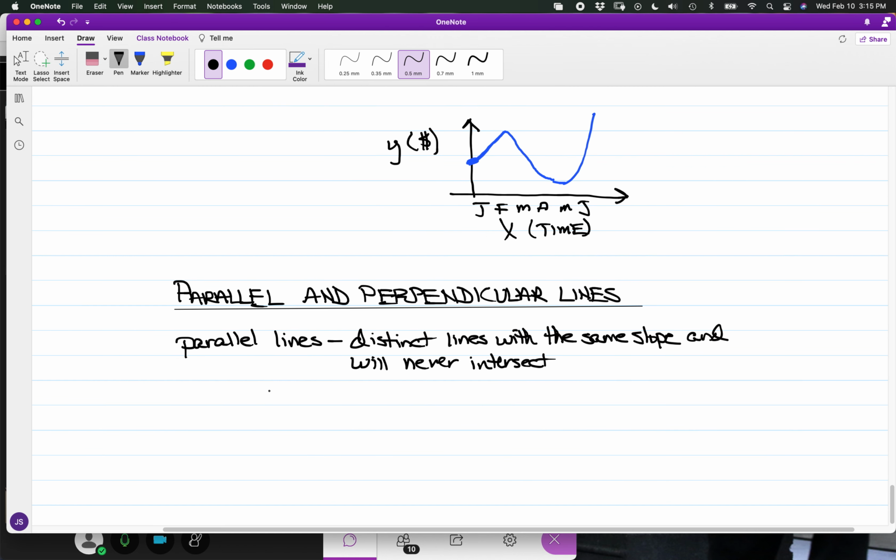And just a quick case for what we have with parallel lines. We could say we have y is equal to 4/3 of x minus 2, and y is equal to 4/3 of x plus 7.